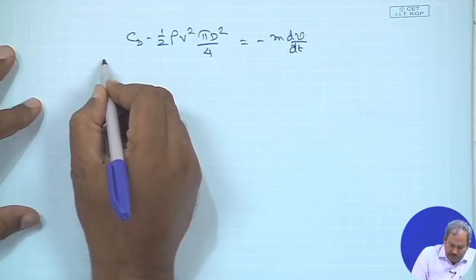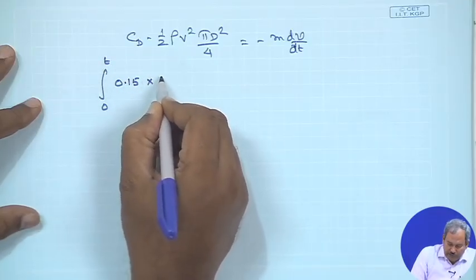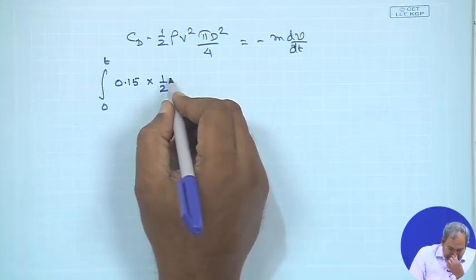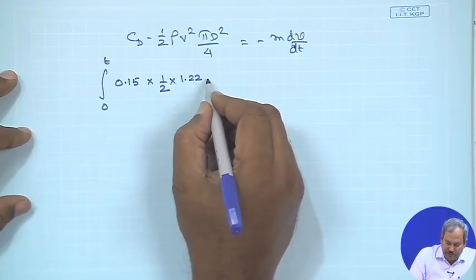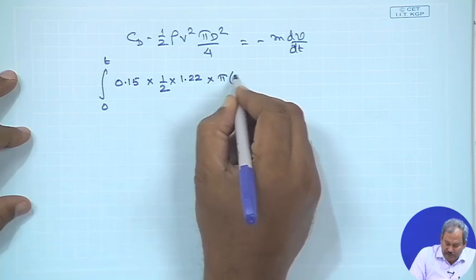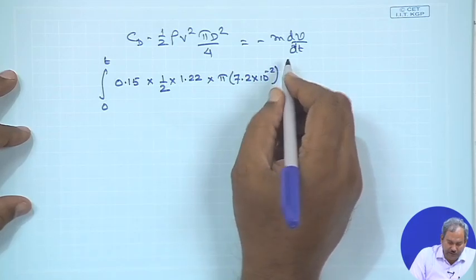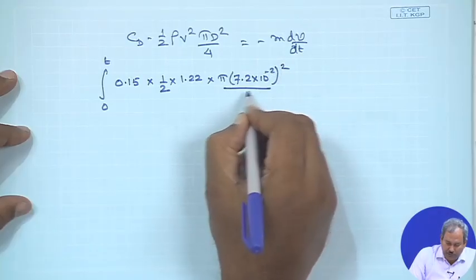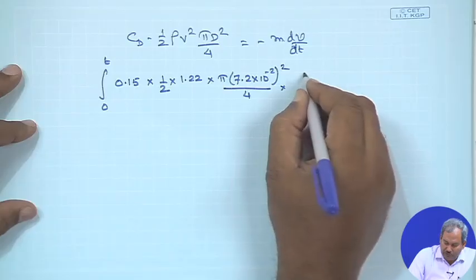So it is from 0 to t. The value of CD is 0.15. The density of air is 1.22 kg per meter cube, times pi, the diameter is provided as 7.2 into 10 to the power minus 2, by 4, times, bring the m to this side.